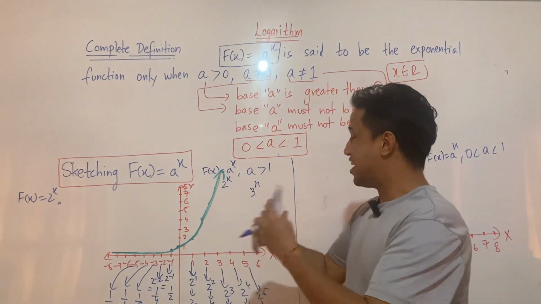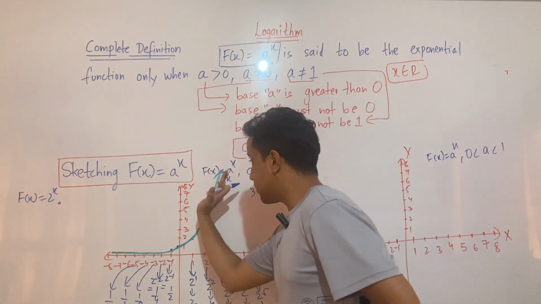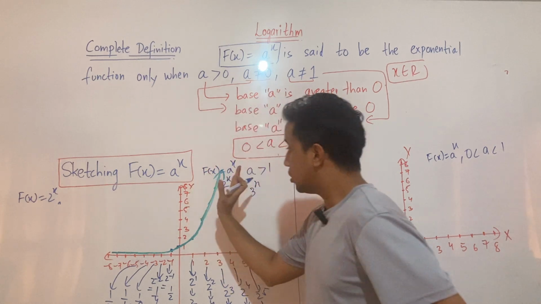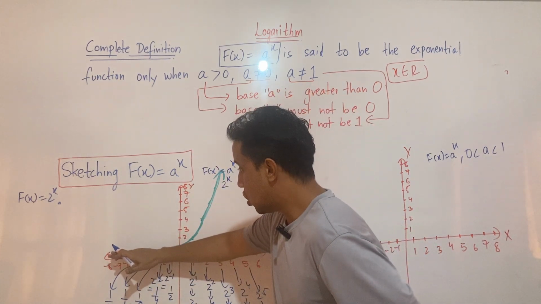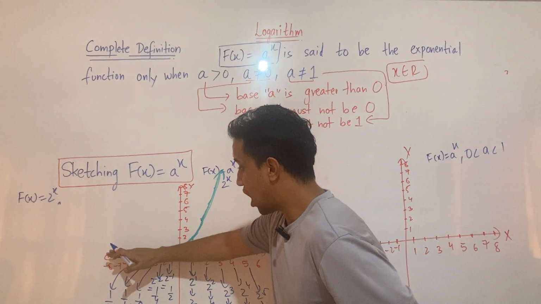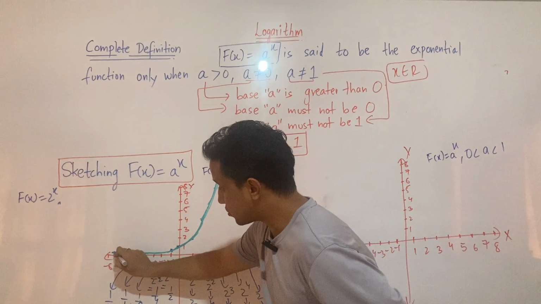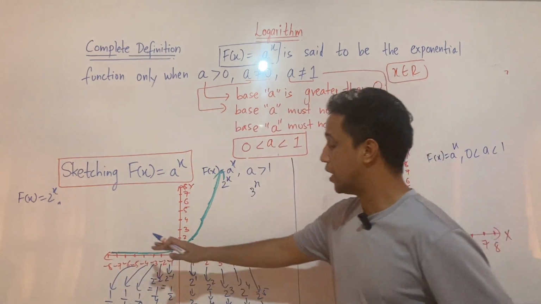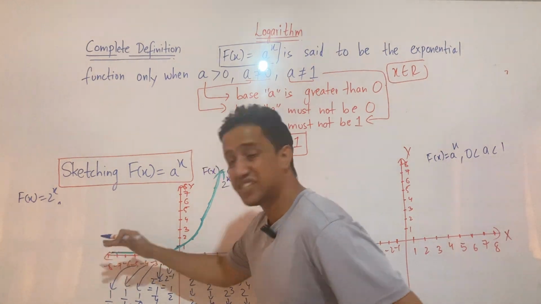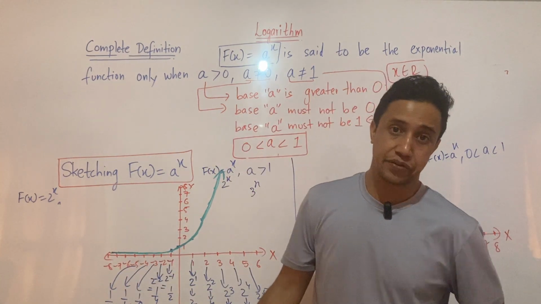So when you increase the value of a, the curve will get steeper, and the left part, the horizontal asymptote, will tend towards 0, but it will never become 0.